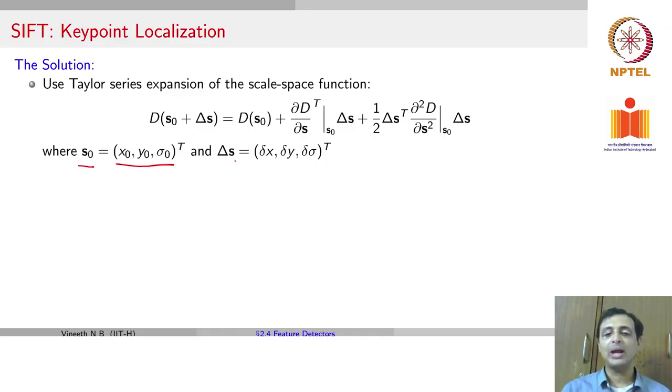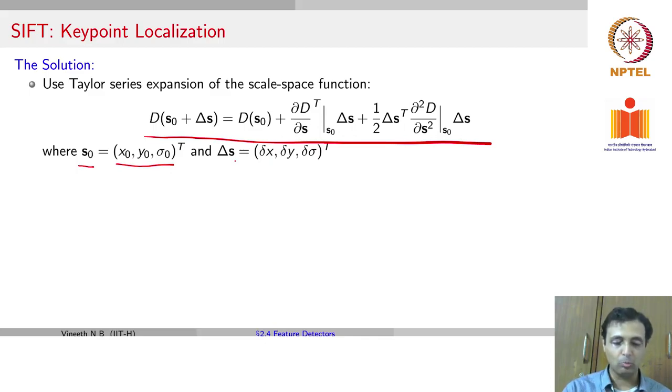And delta x, delta y and delta sigma is what we want to find out, where the exact extremum is achieved. So we write out your traditional Taylor series expansion, which is given by D, in our case the difference of Gaussian output. D of S0 plus delta S is not equal to, it's just approximate because we are not considering the higher order terms here. Approximately D of S0 plus the first derivative times delta S plus half delta S transpose second derivative delta S and higher order terms.